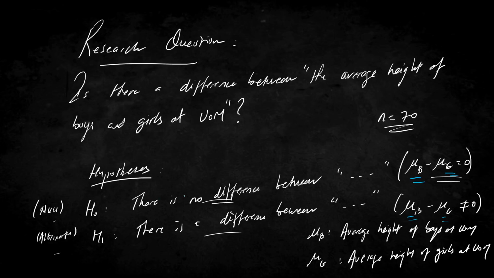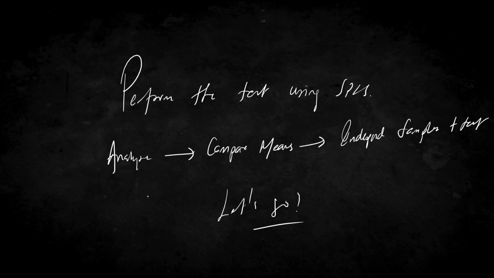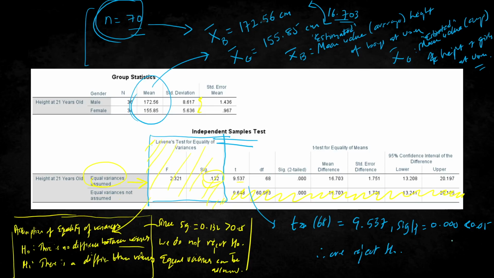Coming to our hypothesis, we can reject H naught, because we have a significance value much less than 0.05. Good. So now we're ready to report the results. I'll give you an example of what you can write when it comes to the interpretation of the independent samples t-test. Okay, so interpretation and reporting.